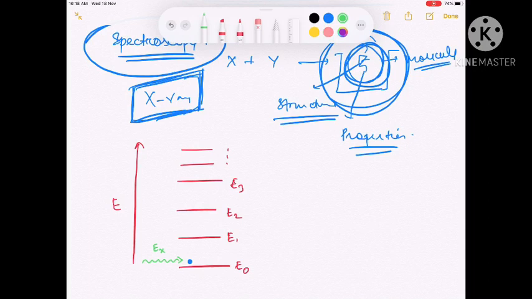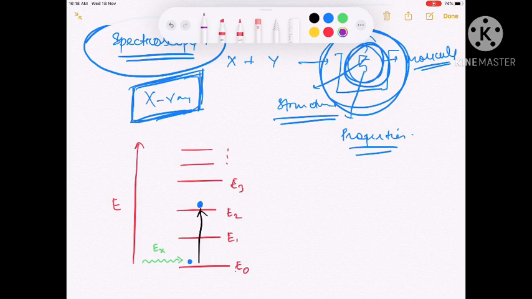As soon as this electron gets the energy, what will it do? It will jump to some higher energy level, like this. The electron will absorb this energy and jump from E0 to the E2 level.